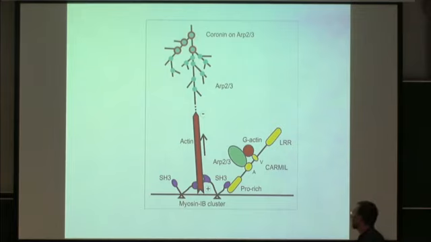One important component is myosin 1 molecules that can anchor the growing network or growing filaments to the membrane, and at the same time, via an adapter protein called Carmil, can recruit the Arp2/3 complex to the region of a growing wave.